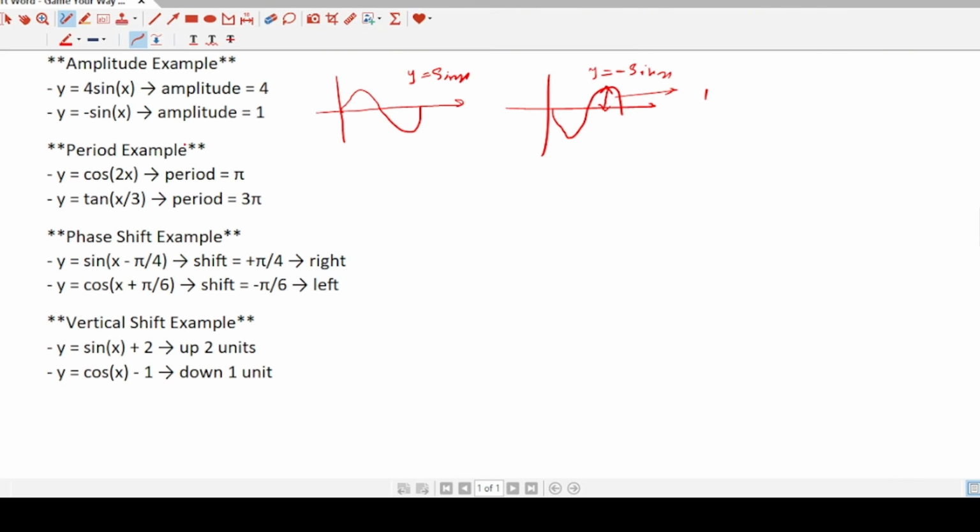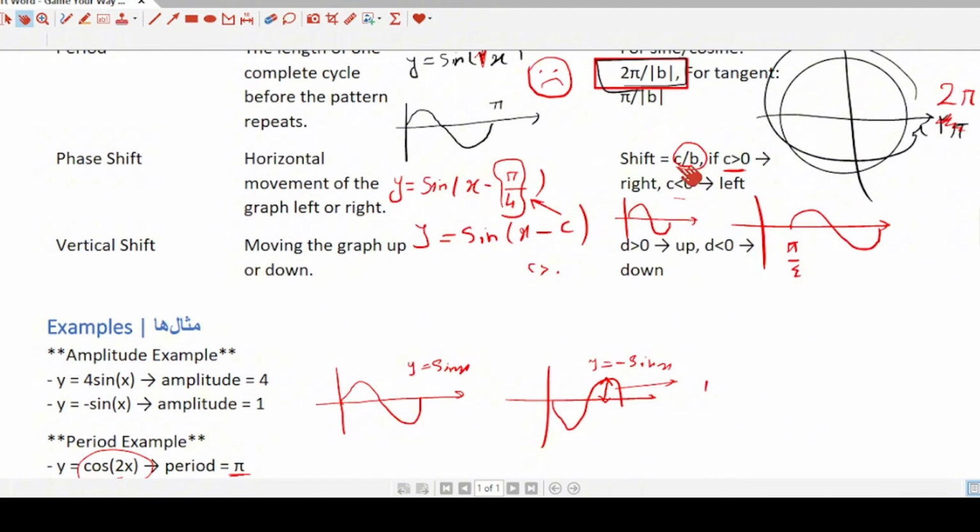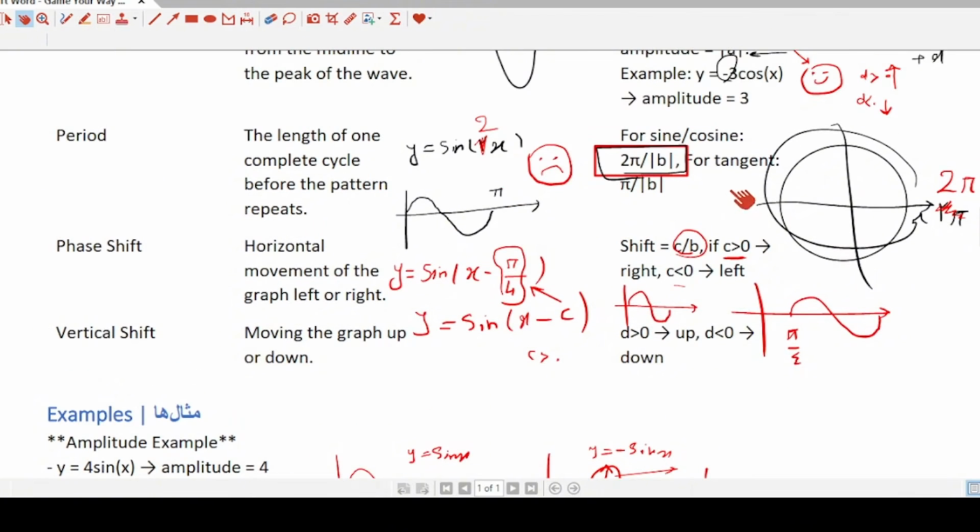If we have y equals cosine of 2x, then one full cycle will be equal to pi. Notice that if it is sine or cosine, the period is 2 pi over the absolute value of the coefficient of x.